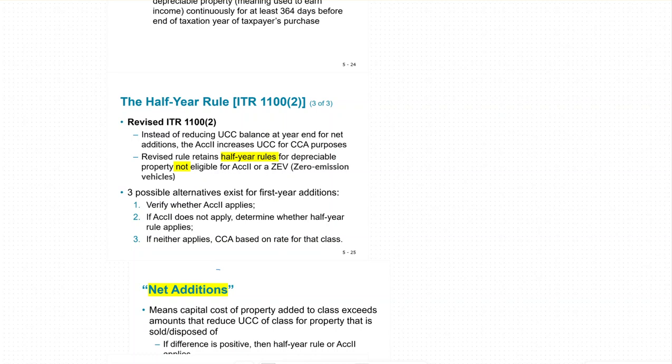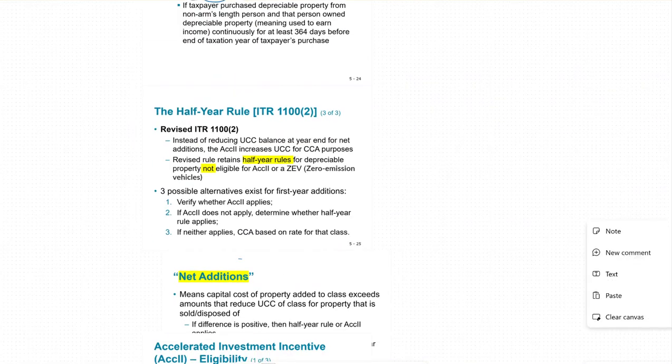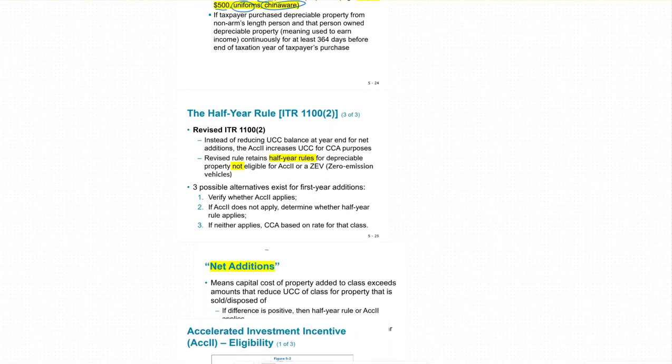The revised rule retains the half-year rule for depreciable property not eligible for the AII. If you're eligible for the accelerated investment incentive, or you have a zero emission vehicle, this half-year rule does not apply to them. Now these are the three alternatives that we have.